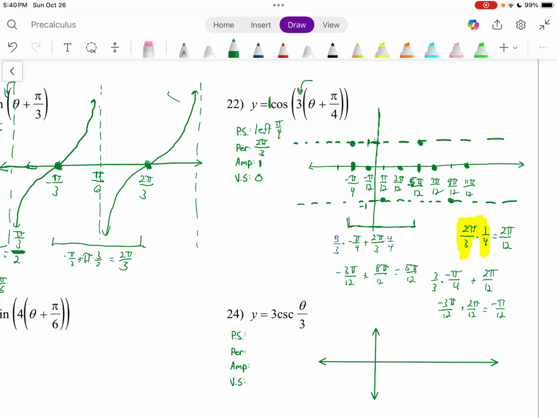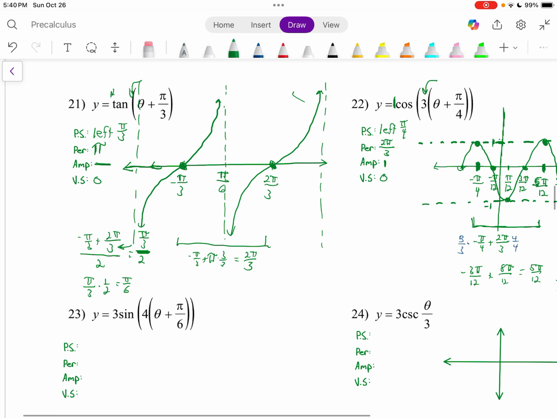And then we can graph. And there is the graph of cosine of 3 times theta plus pi over 4, probably one of our trickier ones.